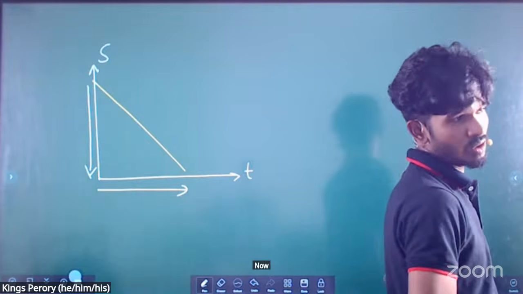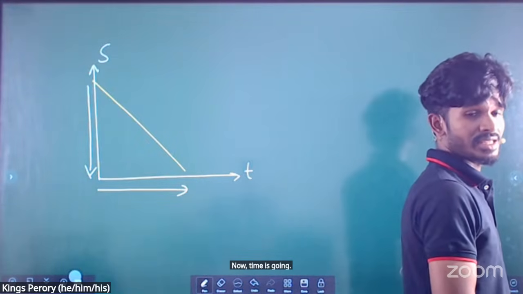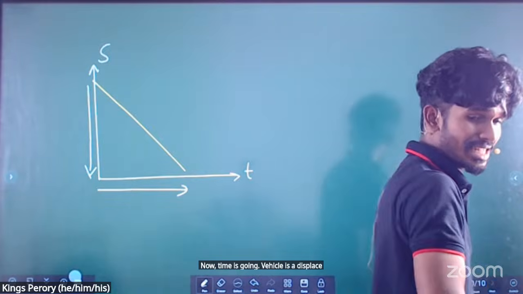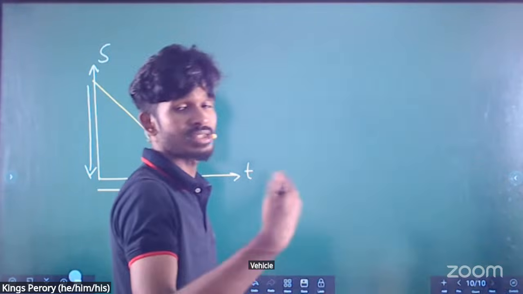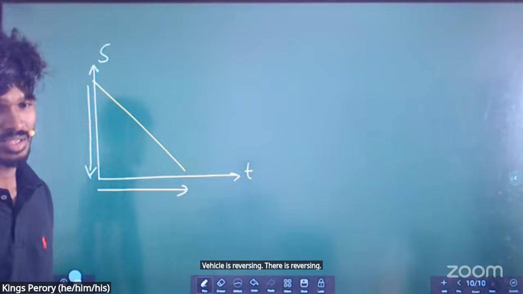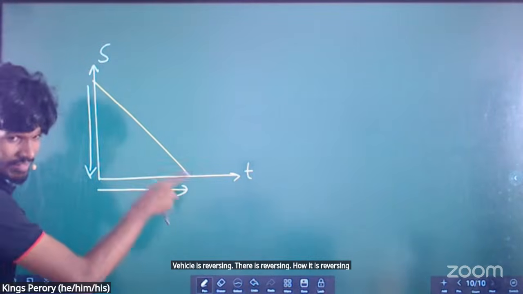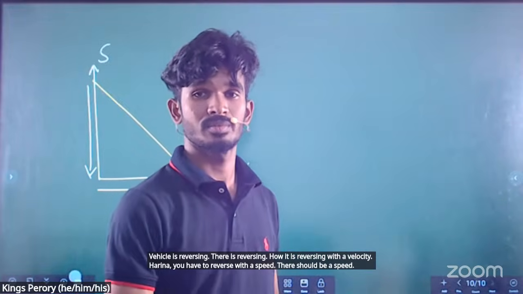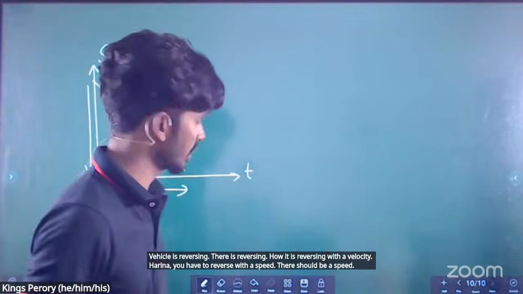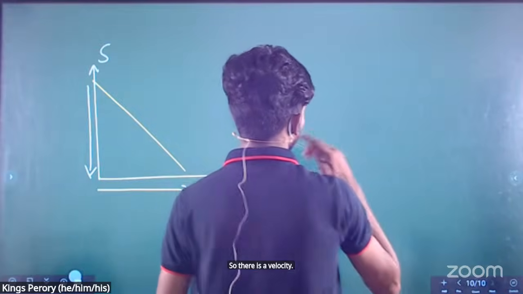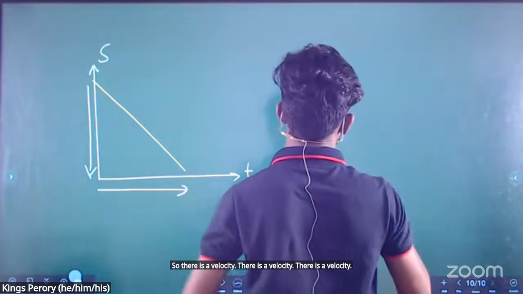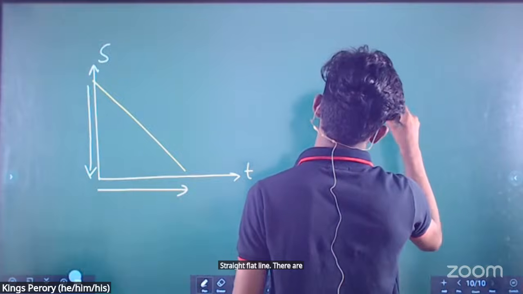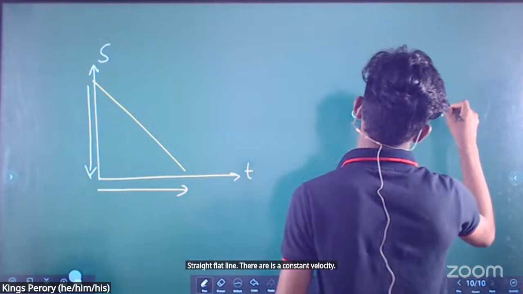Now time is going, displacement is decreasing, so the vehicle is reversing. You have to reverse with a speed, so there is a velocity. A straight flat line, a constant velocity.